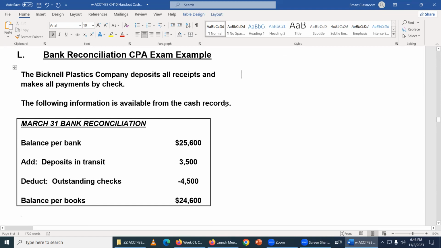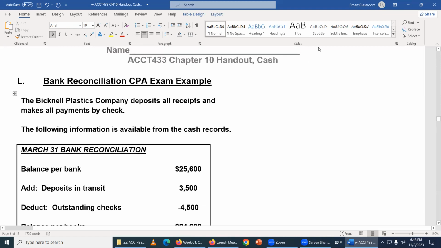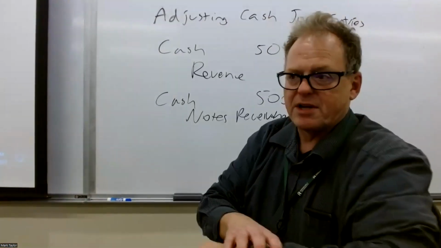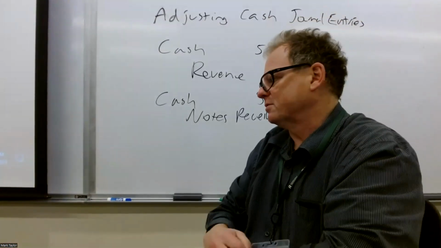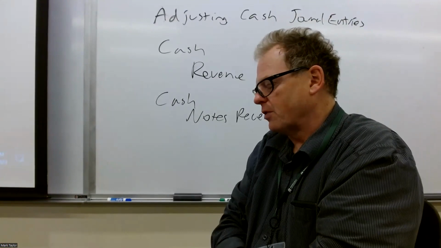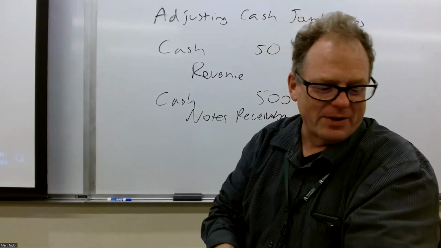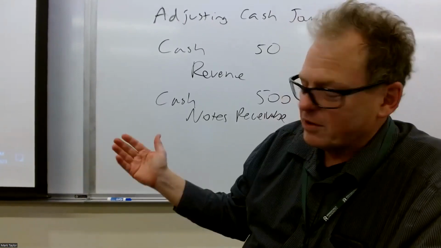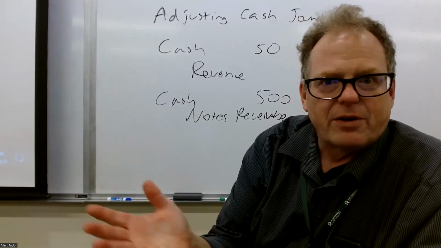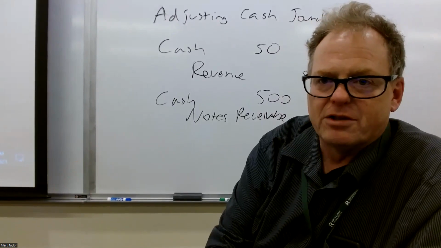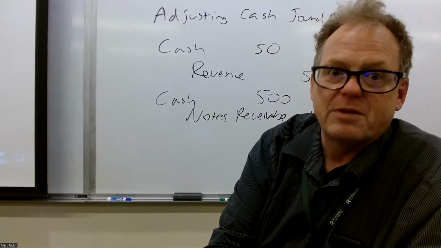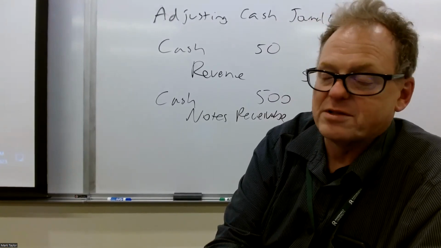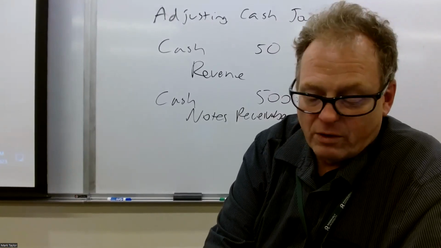And by the way, the CPA exam was an open exam up until 1996. Which I know was a long time ago, before some of you were born. But things like bank reconciliation have been around for 100 years. So we actually have questions that were actual CPA questions that were available.